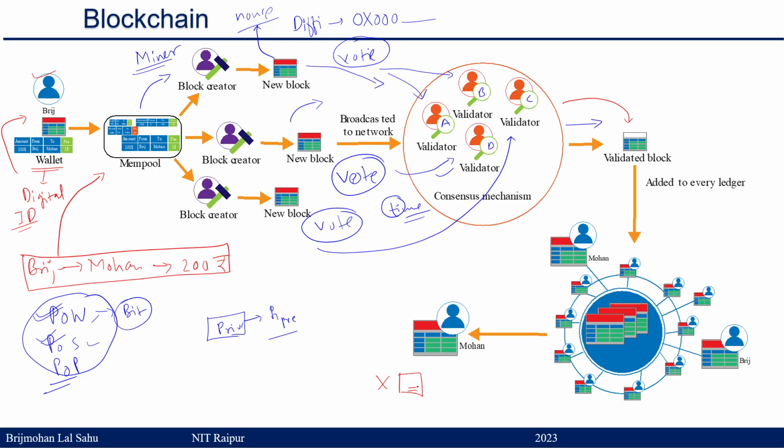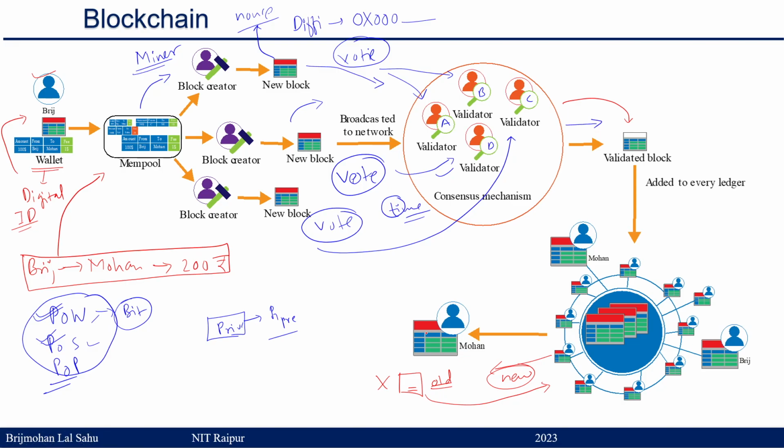If he is offline and his ledger is old, then there is a rule that a node joining the network with an old blockchain must accept the newly updated blockchain or ledger of the network. That means whenever he joins after disconnection, he has to accept the newly available ledger in the network.